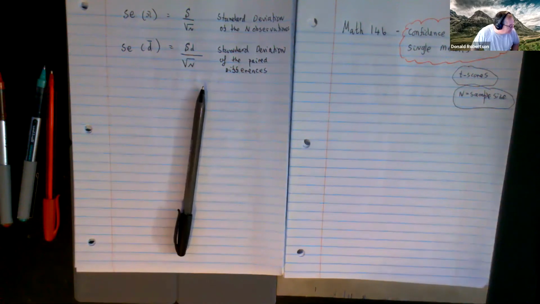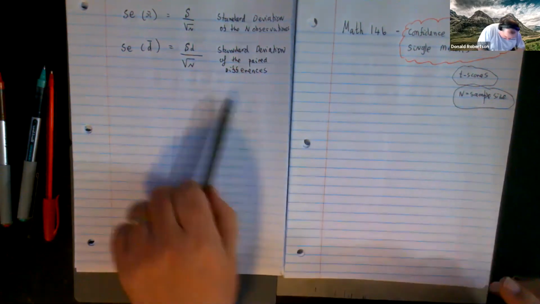These change depending on the confidence interval that you want, like a 90 or a 95 or a 99, but they also change according to n, which is the sample size. And I have a table, which we've used before, which essentially gives you the magic t-score that you would use in calculating a confidence interval.